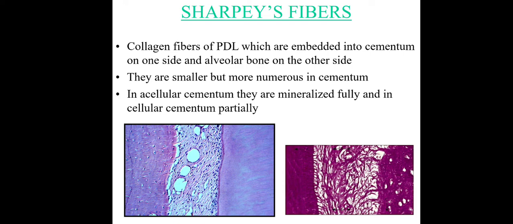The number of fibers inserted into the alveolar bone is much less compared to those inserted into the cementum. But anyway, the part of the periodontal ligament fibers which inserts into the alveolar bone or into the cementum is referred to as Sharpey's fibers. These Sharpey's fibers play a very important role in anchorage of the tooth within the socket.